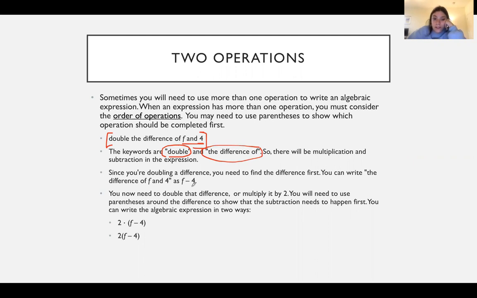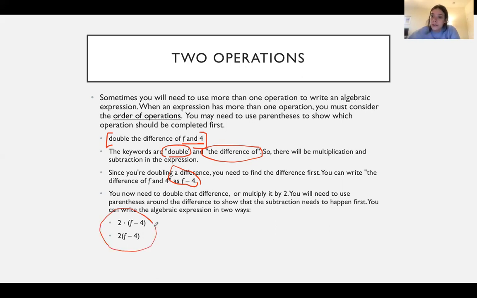So you can write the difference of f and 4 as f minus 4. And then we need to double that difference, or multiply it. You will need to use parentheses around the difference to show that the subtraction needs to happen first, and you can write the expression in two ways. So here are the two answers.